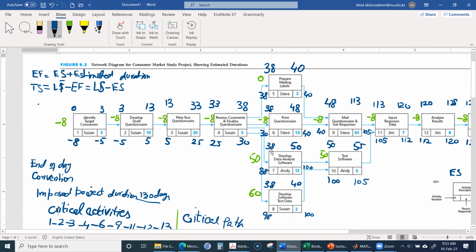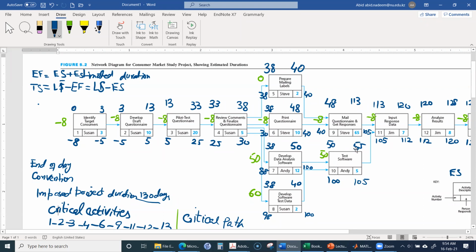If instead of 38 in the earliest start time we delay this activity by 50 days, it will start at 80 days. So 80 plus 12 will be 100. So the next activity will start at 100, and it will finish at 105.